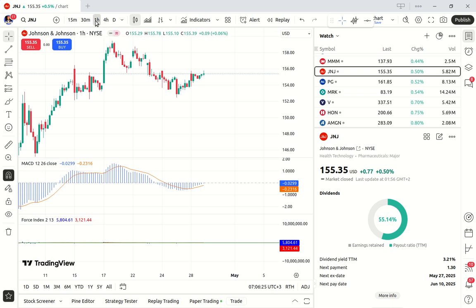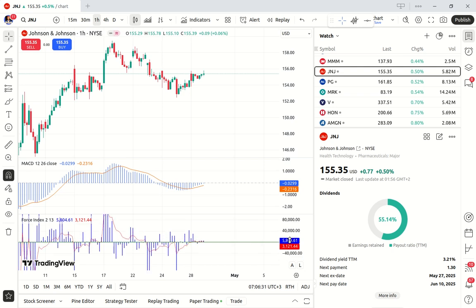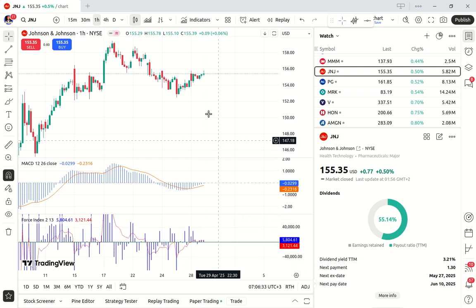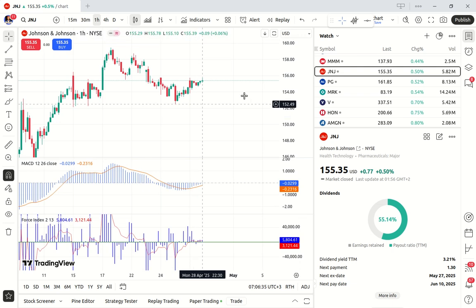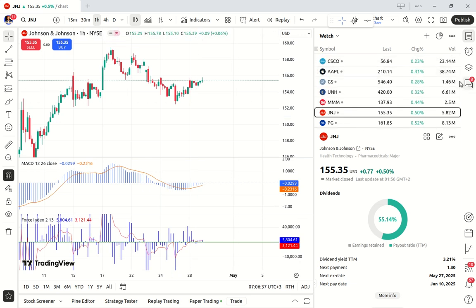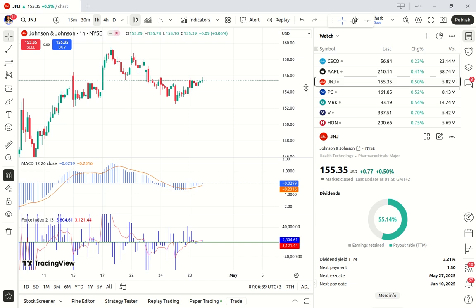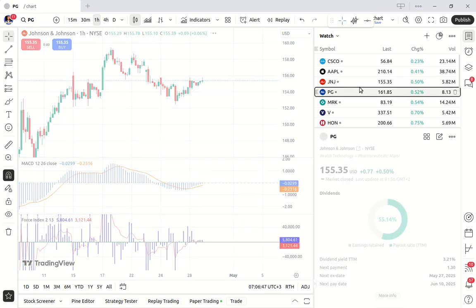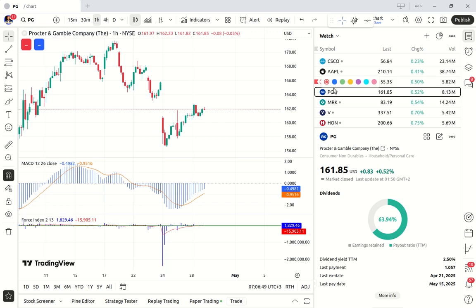In the hourly chart, I think it's definitely a good buy signal, that's for sure. I'll look for a pullback on this one for that perfect entry. So I think Johnson & Johnson is definitely a good buy.